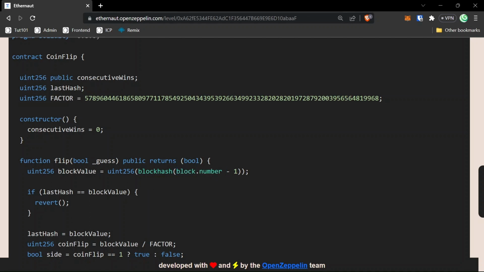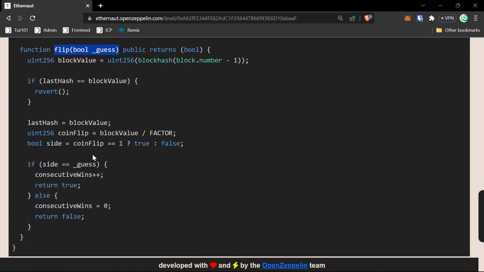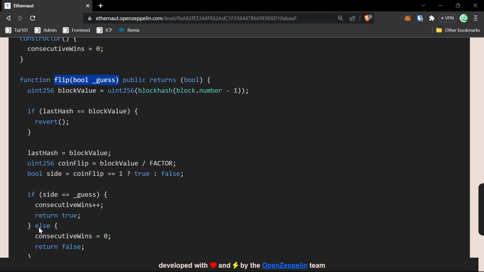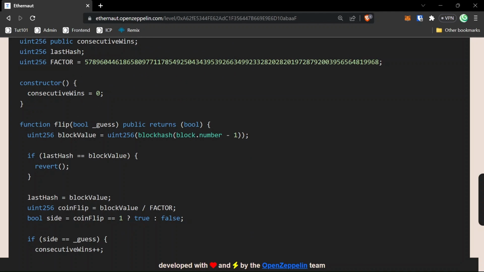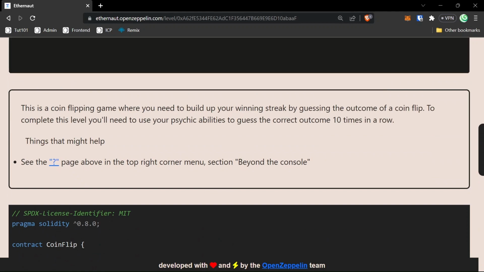We need to guess the right value 10 consecutive times. The easiest way is to copy whatever code is in this function, create a new contract and paste it there. From our contract, we can calculate this guess, and from there we call this contract.